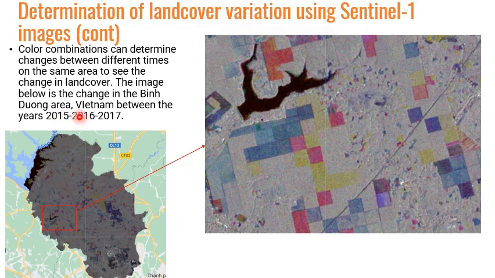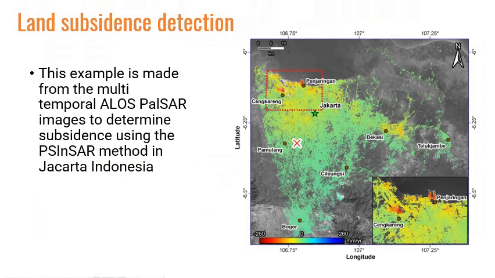But then maybe they planted something. This makes the change look like a magenta color or red color in this area. When you have the exercise, I will show you how to detect the change using Google Earth Engine. So now I have to move to the next slide.